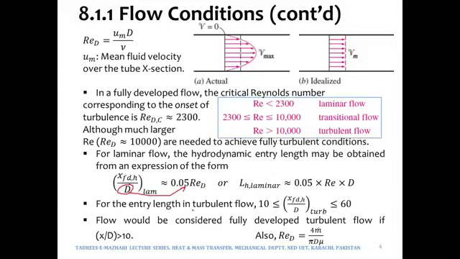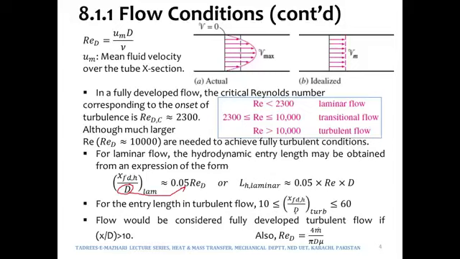Whereas for the entry length in turbulent flow, this was for laminar flow. For turbulent flow, this is the expression that holds. So x FDH means fully developed hydrodynamic length over diameter must be greater than 10.